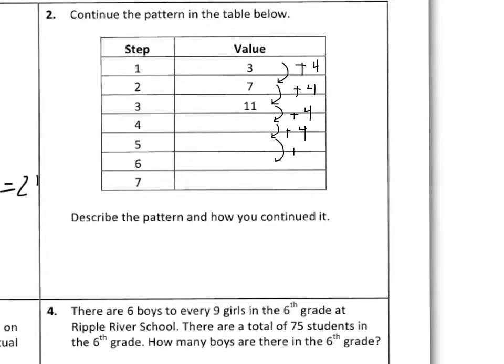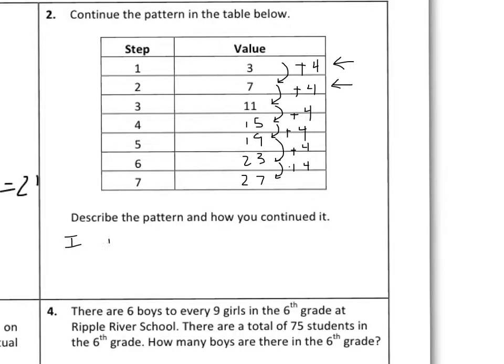You can remember from class today we talked about how you have to have the first 3 terms of a sequence to know what the pattern is so that you can test your hypothesis about this step on the next step. And so 11 plus 4 gives you 15, plus 4 gives you 19, plus 4 gives you 23, and plus 4 gives you 27. So we're going to describe the pattern here.